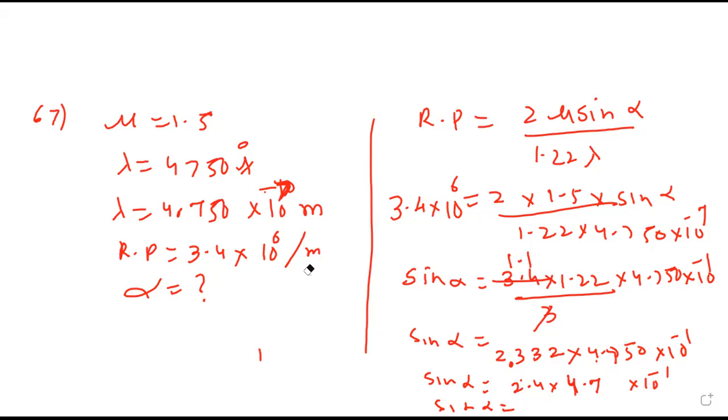3.4 into 1.22 into 4.75 divided by 3. 0.65 you will get when you do it properly.